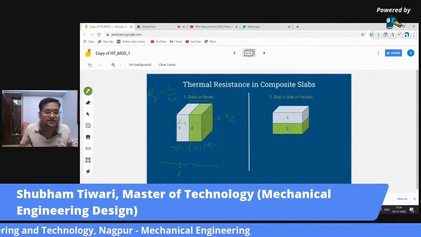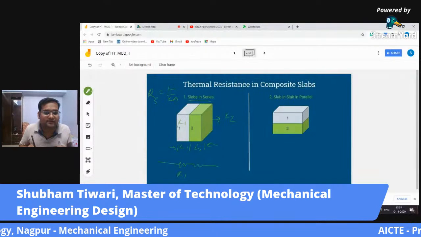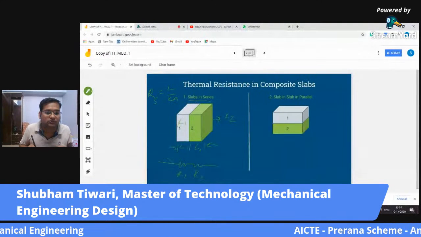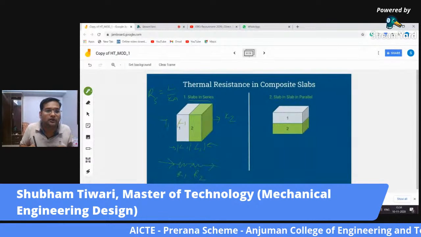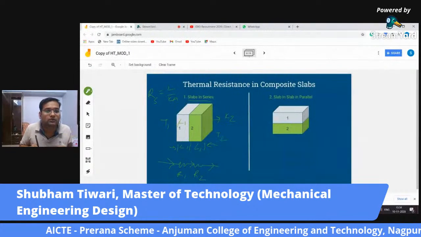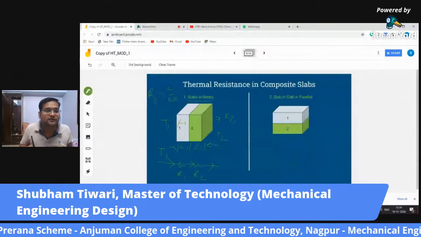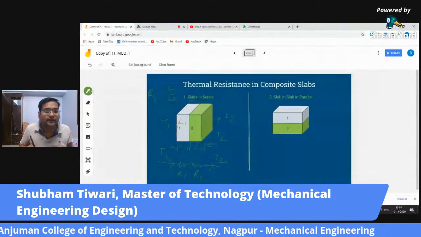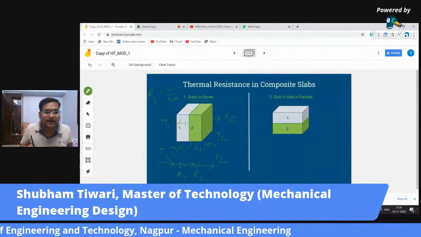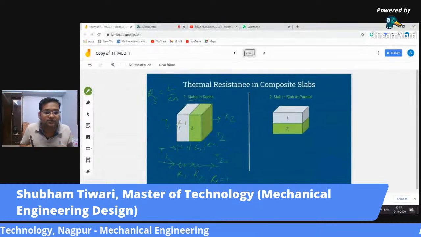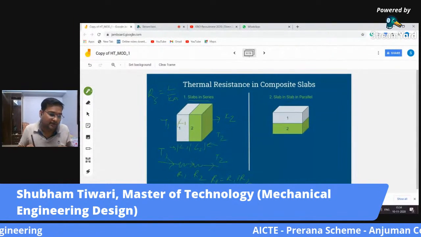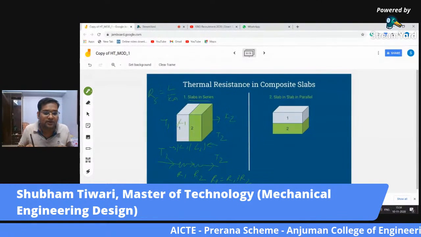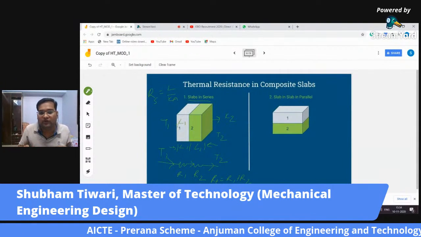This will be the resistance provided by wall 1, and this will be the resistance provided by wall 2. This is temperature T1, this is temperature T2. Heat will move from T1 to T2. In this way, we can write that R equivalent is equal to R1 plus R2, just like we have in electric circuits. So this is how equivalent resistance can be found out.